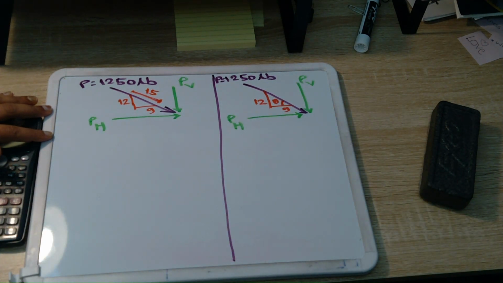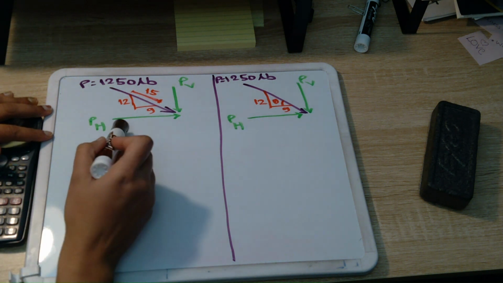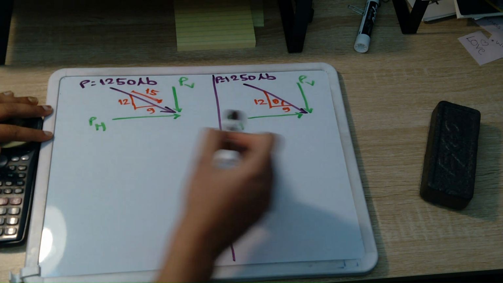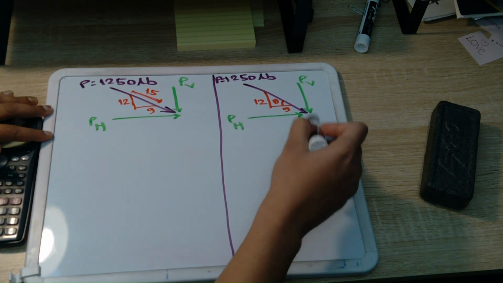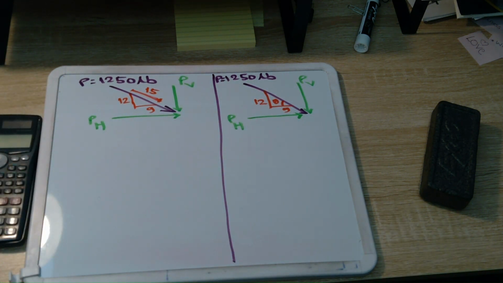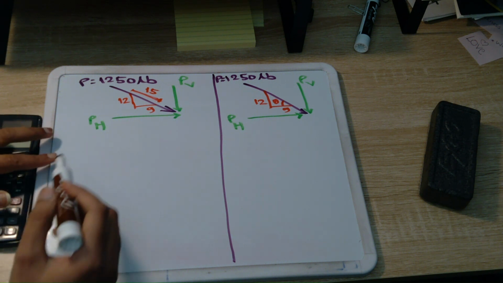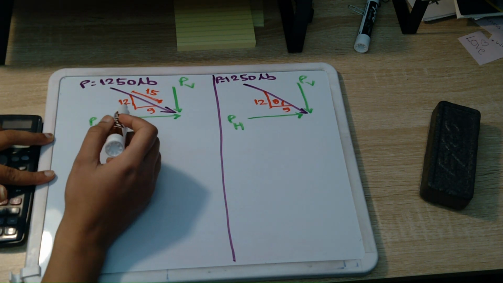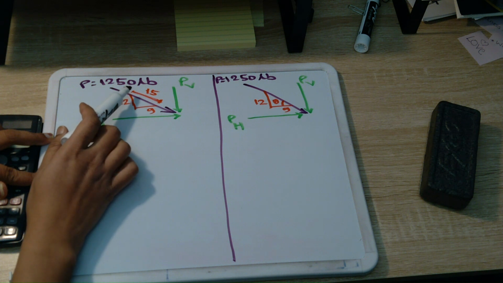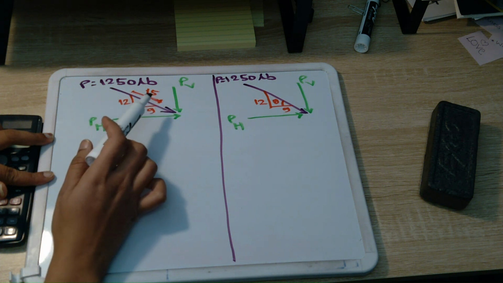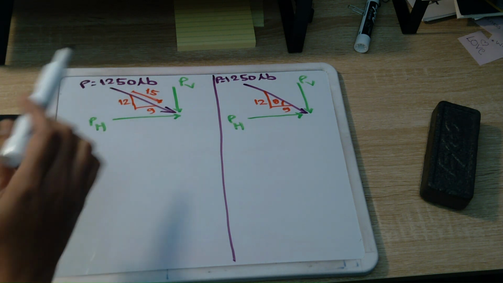So there are two methods. First is using the ratios based on similar triangles, and second is trigonometry. So in the first, we will apply the concept of right angle triangle and find out the hypotenuse. It is 15.